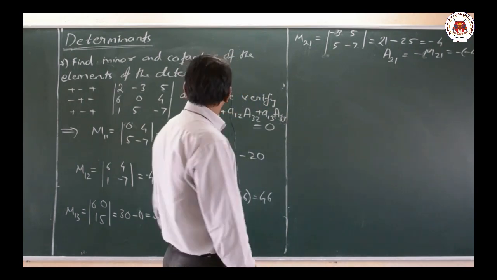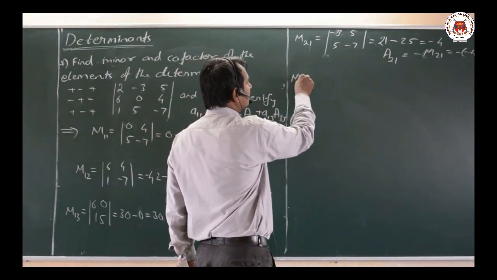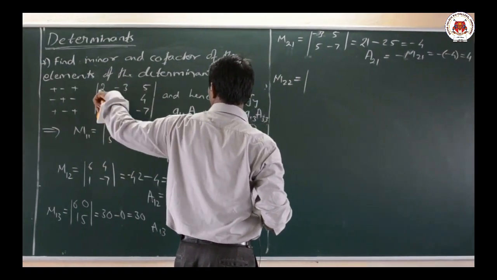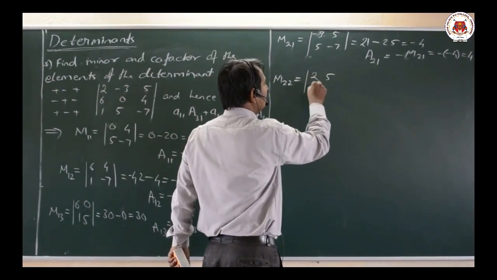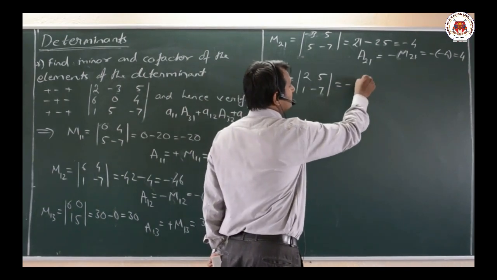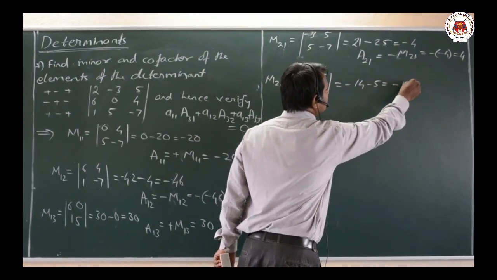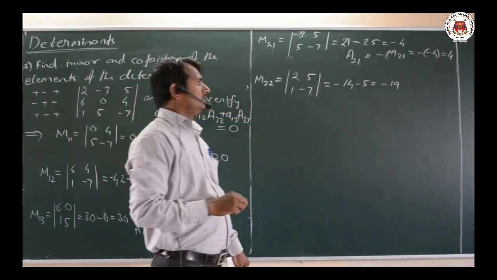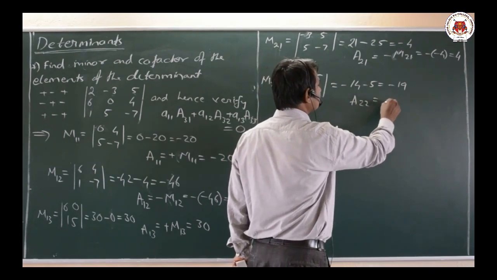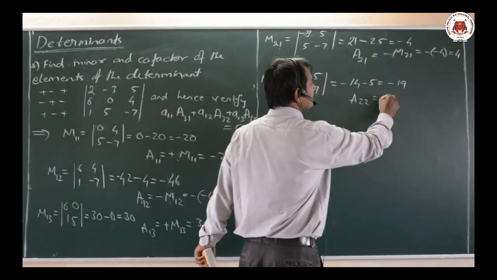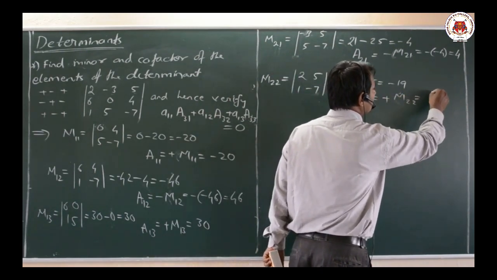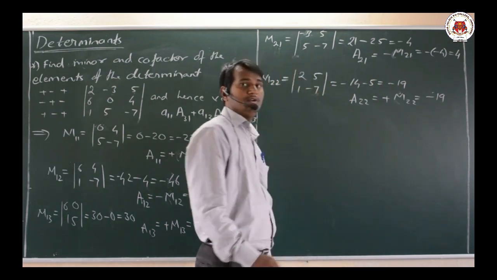Okay, fine. The next value is M22, which is equal to, now leaving this row and column, for the 0th value 2 5 1 -7, the value will be 2 into -7, minus 14 minus 5, which is equal to -19. Now the cofactor is A22, here the sign of 0 will be positive, so A22 is equal to M22, which is -19.